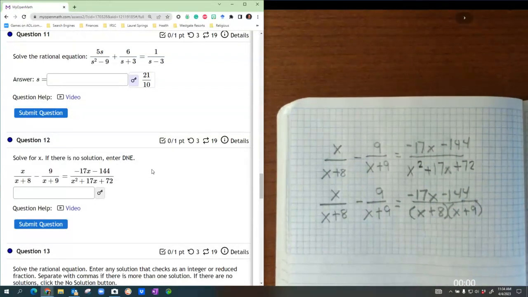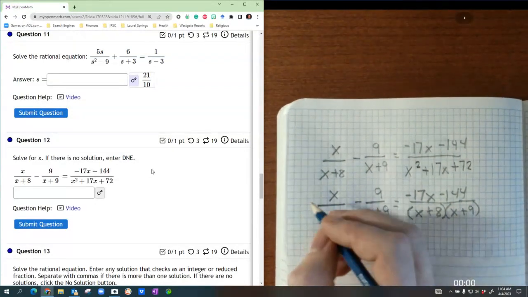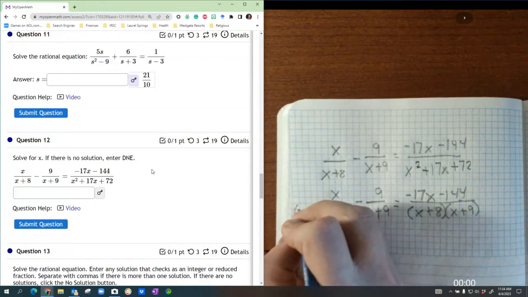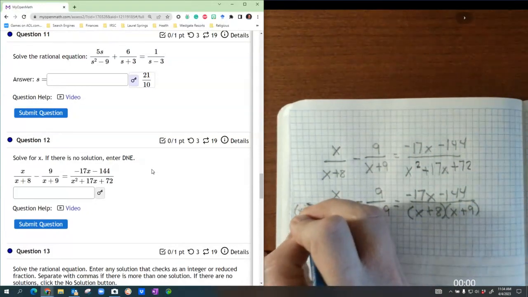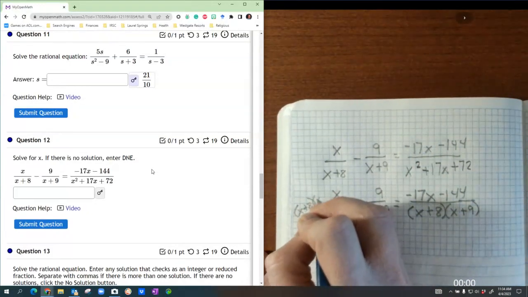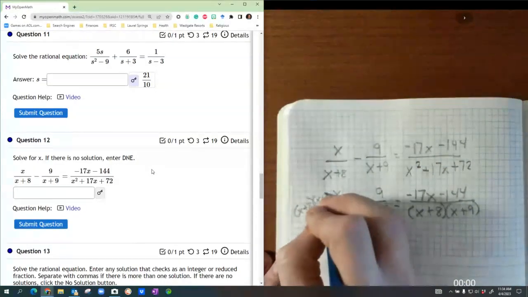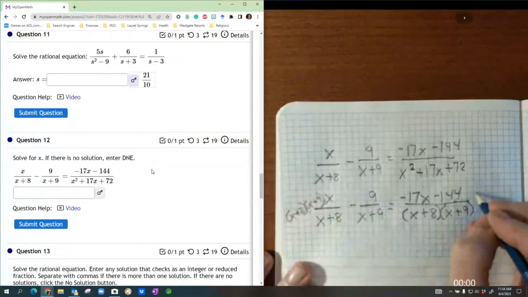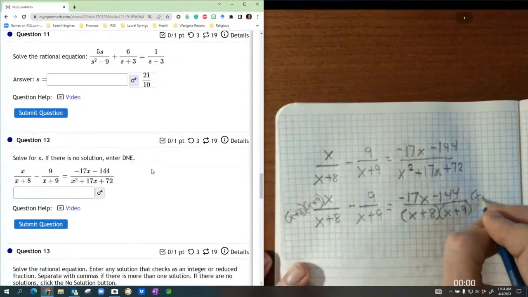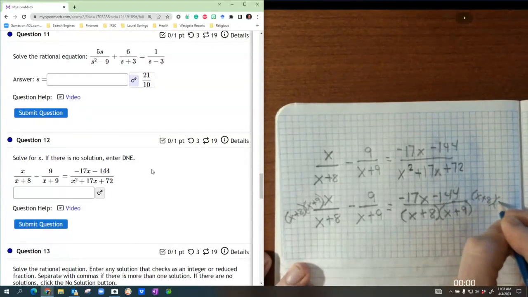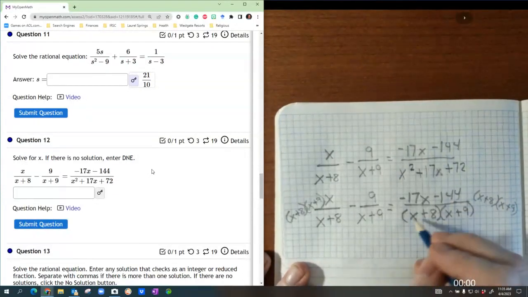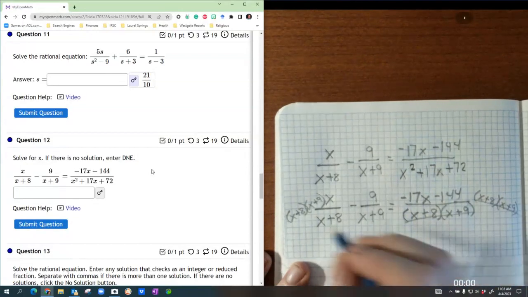Now, we're going to multiply both sides by that. And this will wipe this out. That's kind of a nice thing.